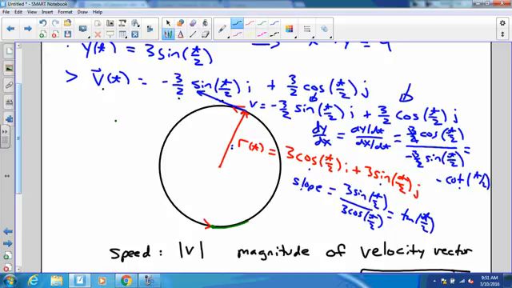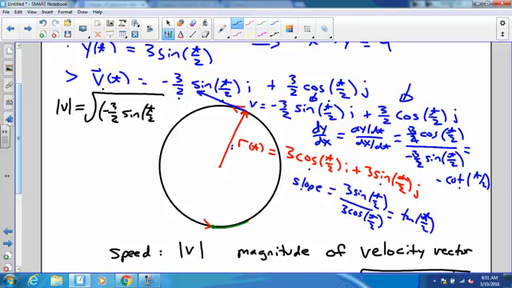If we come back to the circle as our example, and if we compute the speed, remember that our circle's velocity was negative 3/2 sine of t over 2 in the i direction, and 3/2 cosine of t over 2 in the j direction.